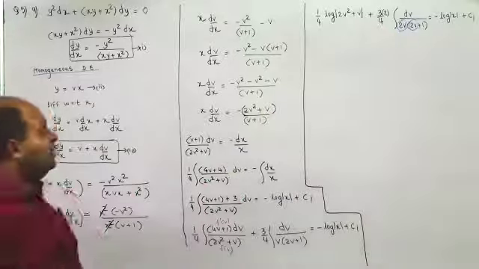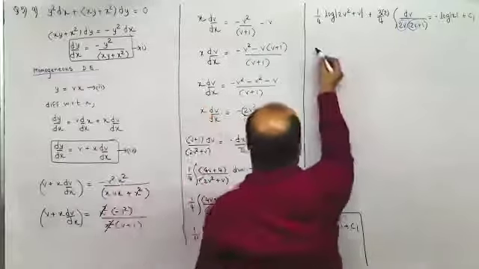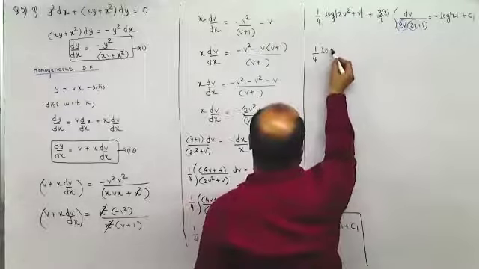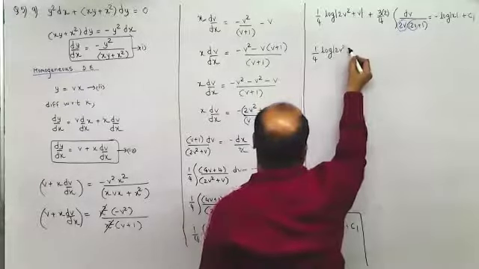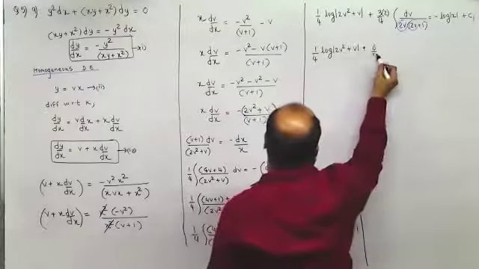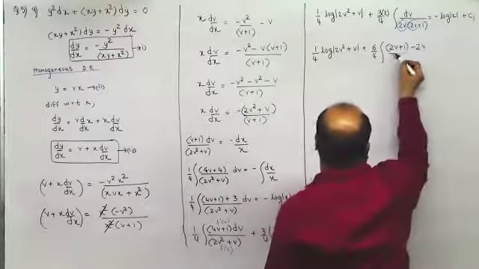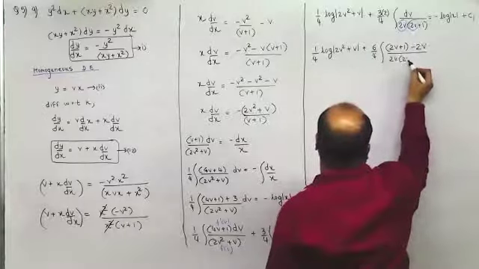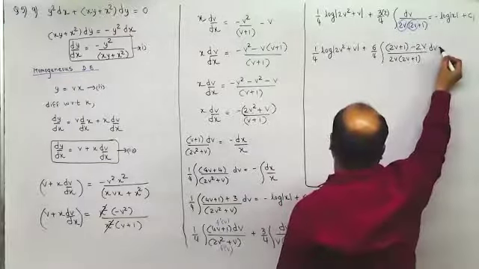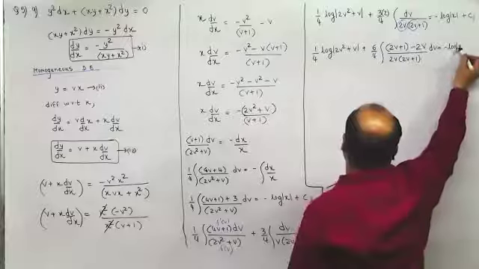So what do I get over here? This would be 1 by 4 into log 2v square plus v. Here I'll get 6 by 4. I'll write here 2v plus 1 minus 2v over 2v into 2v plus 1 dv is equal to minus log x plus some constant.